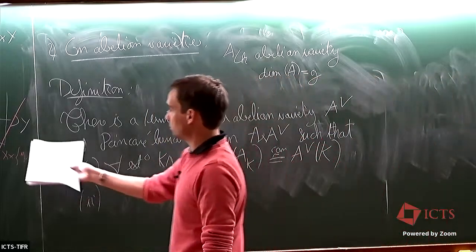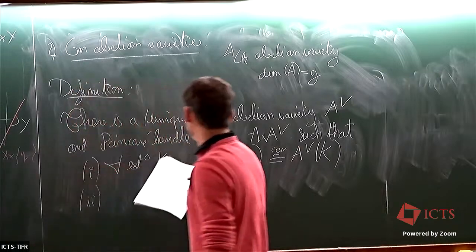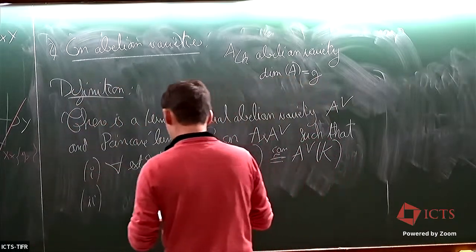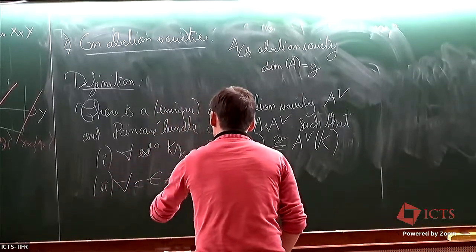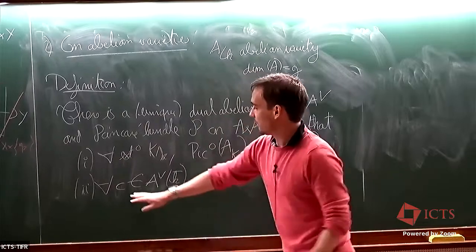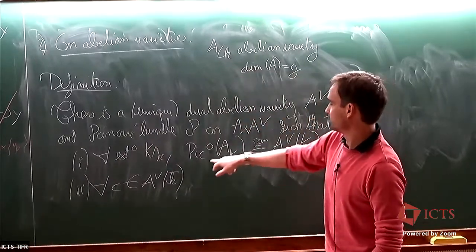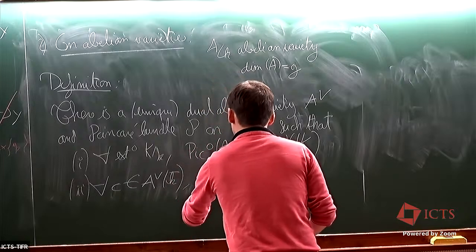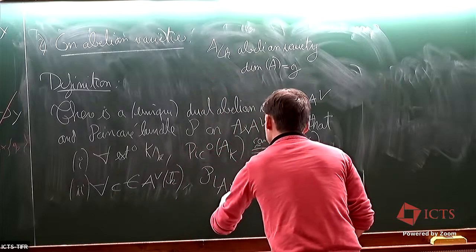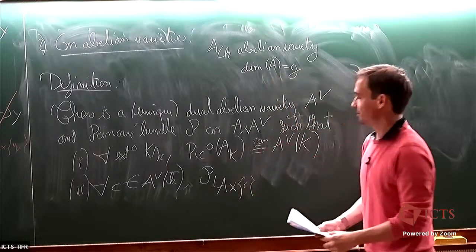And what does P do, the line bundle? Well, there is a very natural process to define it. For every point of the dual, which you now know comes from a line bundle here, I can restrict P to A times this point.